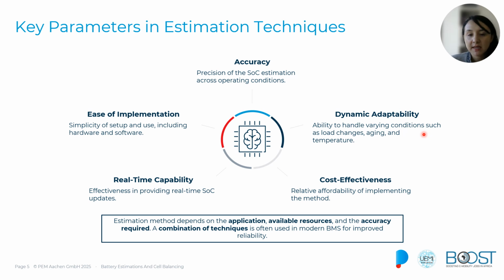An adaptable method can adjust to all of these variations and provide reliable estimations over time, even if the conditions of the battery are changing from one cycle to another.